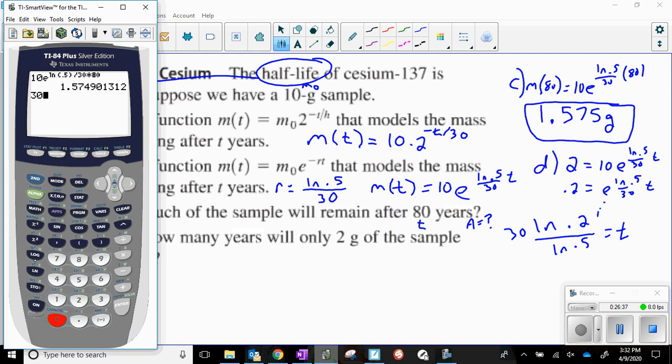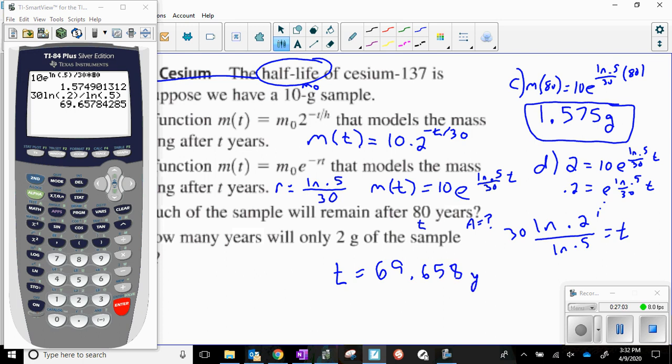So natural log 0.2 times 30 divided by the natural log of a half. And we come up with the time is 69.6578 years, which makes sense.